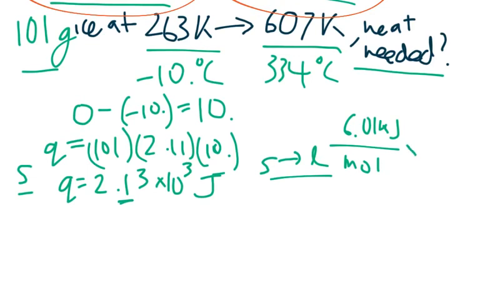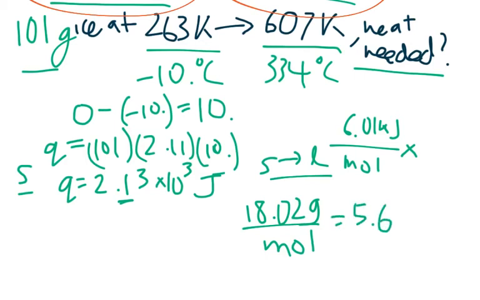So how many moles of ice do we have? Well, what's the molar mass of ice? Or, ice is just water. So water, H2O, has a molar mass of 18.02 grams per mole. And doing the math, 101 divided by 18.02 gives us about 5.60 moles of water.